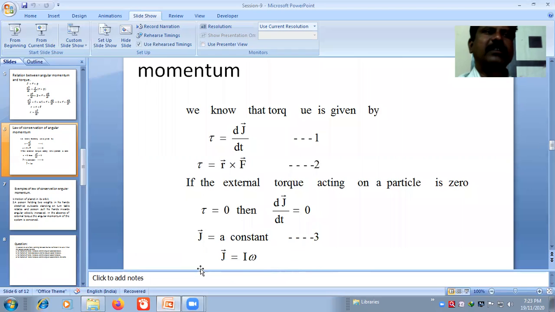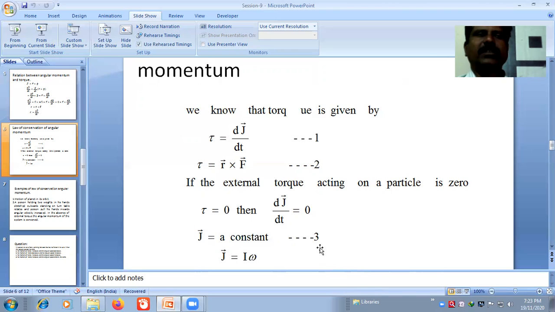So by seeing this, you can state the law of conservation of angular momentum. In the absence of any external torque acting on a system of particles, the total angular momentum of the system remains constant, that is, it is conserved. That is the statement of the law of conservation of angular momentum.